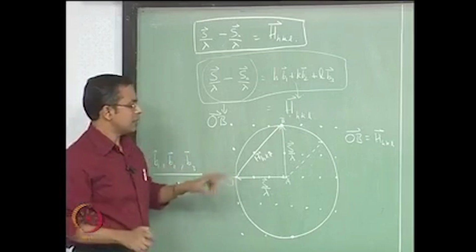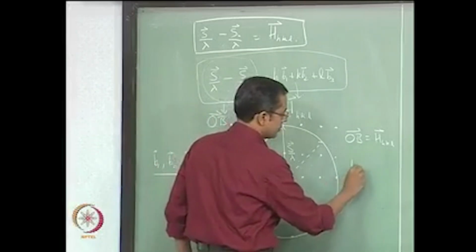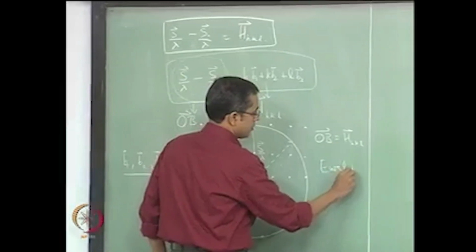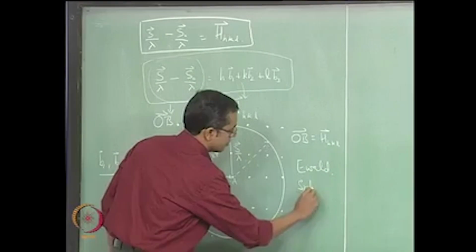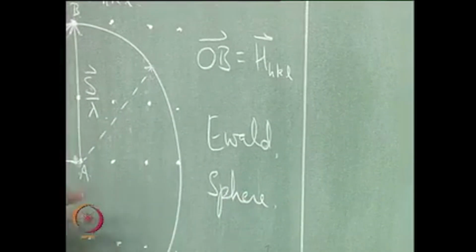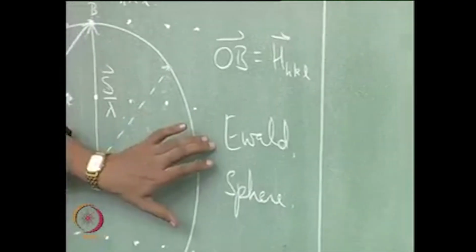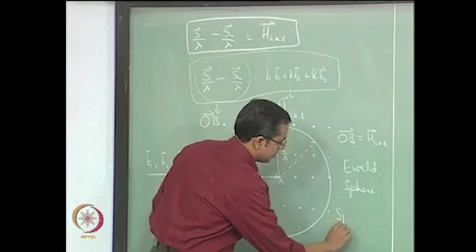Okay, this construction is credited to Ewald and is therefore called the Ewald sphere. It is also called the sphere of reflection.